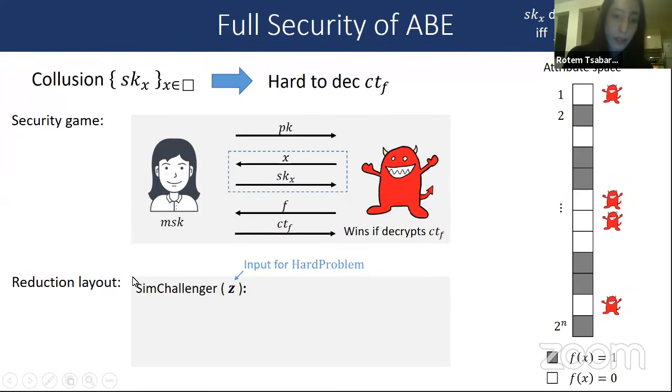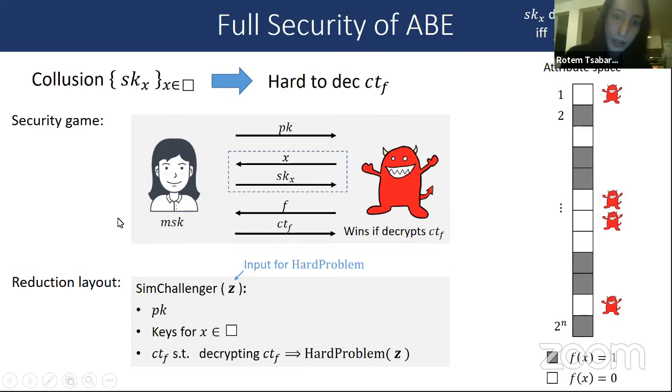So in more detail, we need to construct some simulator that takes as input an instance of the computationally hard problem. And now we have to interact with the adversary in order to use his power. So in more detail, let's see what is the exact information that we have to provide to the adversary. So first we need to give him the public key.